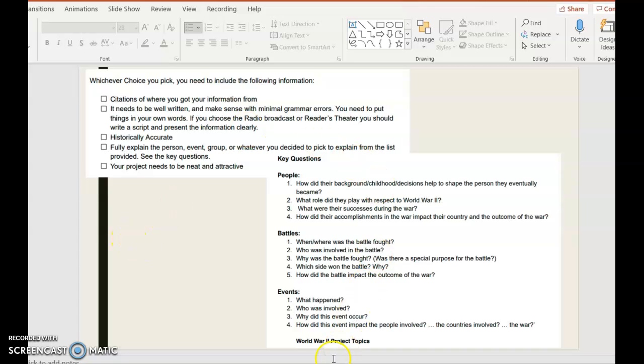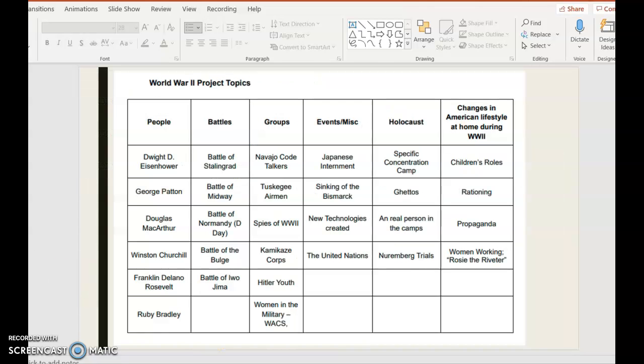Okay, so here are key questions that you can think of. For the radio broadcast, I probably would stick more to the battles and events. Here's a bunch of topics that you could choose. You could definitely talk about battles, groups, events, the Holocaust, changes in life, maybe do a little segment on rationing and what that looks like, or do a segment on people being taken into ghettos and things like that.